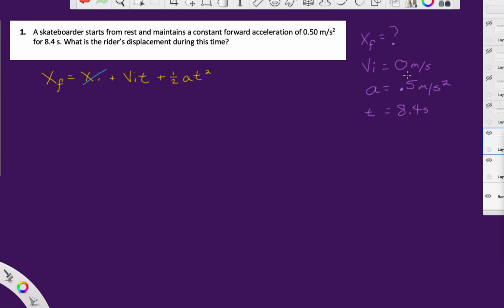Since our initial velocity is 0, it doesn't matter that we're multiplying that 0 times 8.4. Anything multiplied by 0 is 0. So far, all we have to do is solve the 1/2 a t squared piece. Well, 1/2 times, well, this is also 1/2, but it's in decimal form.